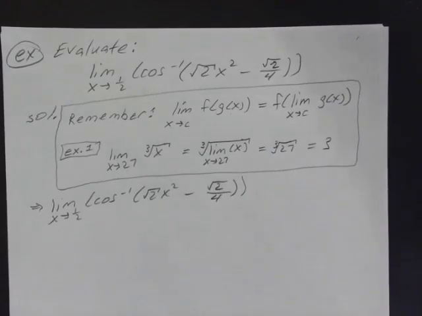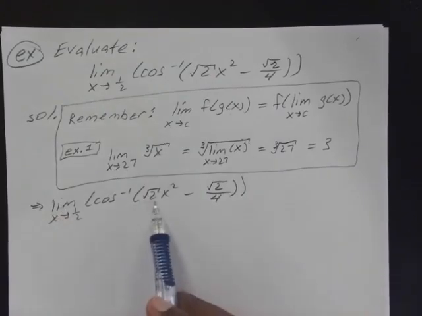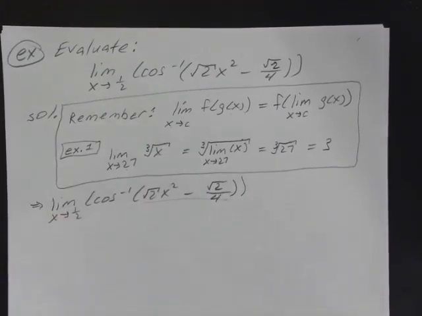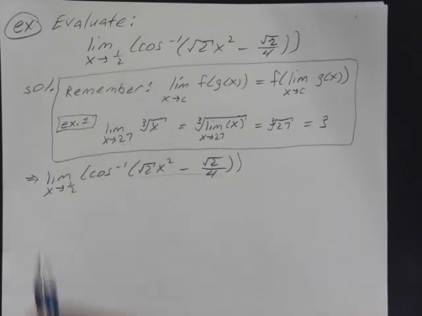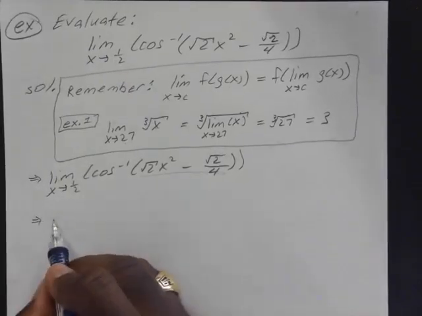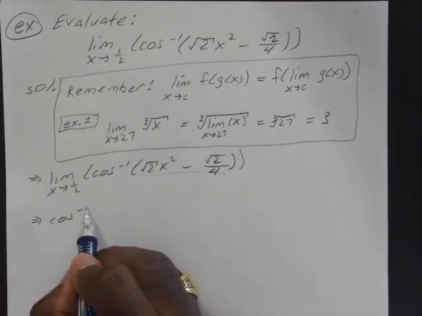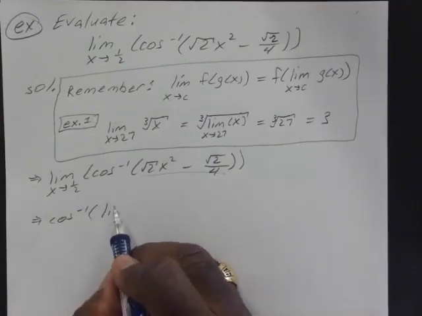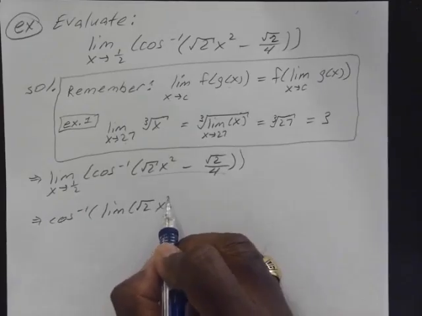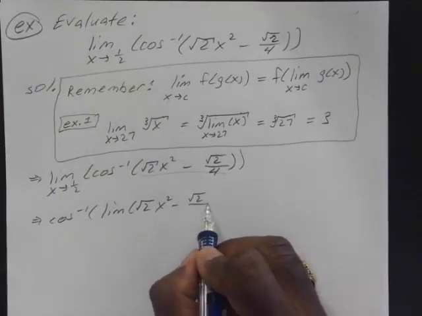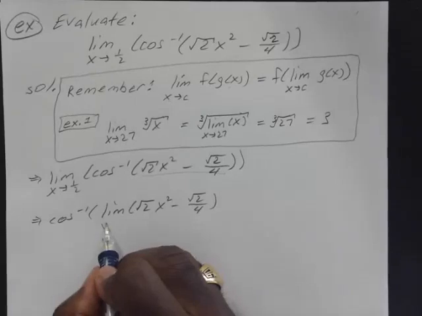And we can rewrite it by just applying the limit to the composite function with the same independent variable. So we can rewrite that as the cosine inverse of the limit of the square root of 2x squared minus square root of 2 over 4 as x approaches 1/2.